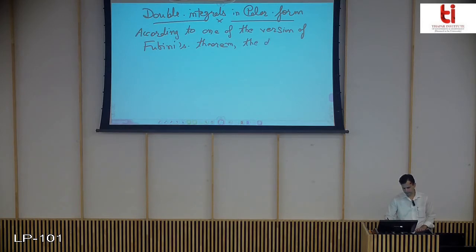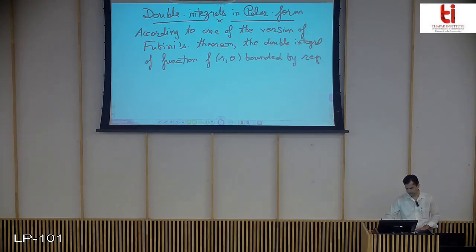The double integral of a function f(r, theta) bounded by region R, where theta varies from alpha to beta, which are constant values, and r is a function of theta, bounded by some curves given in terms of theta.